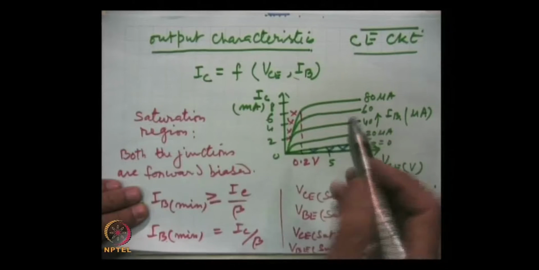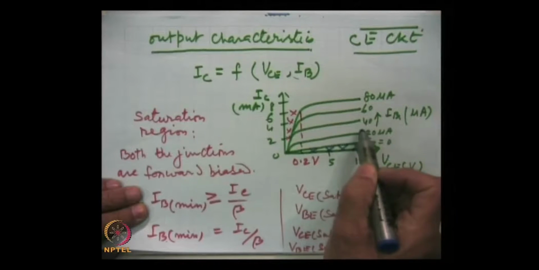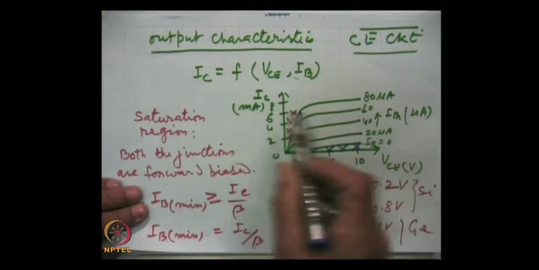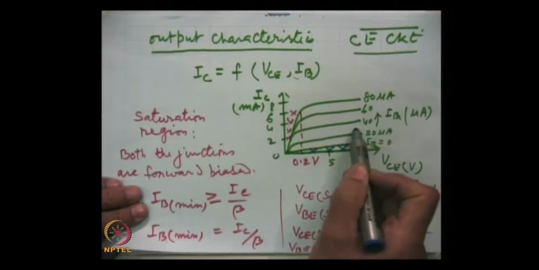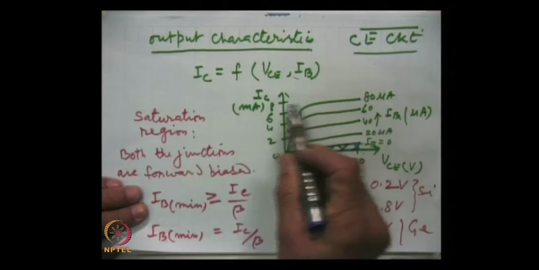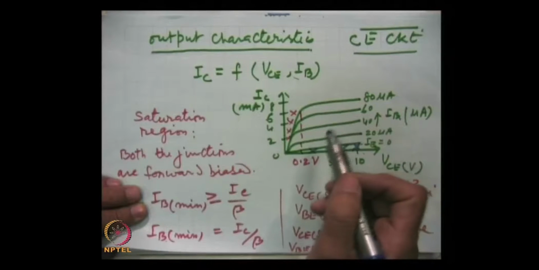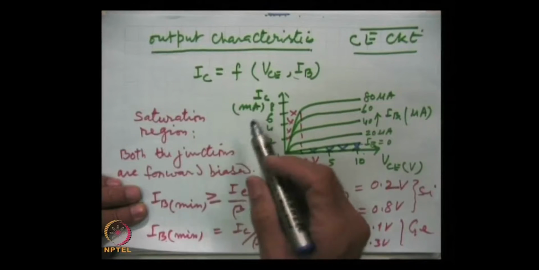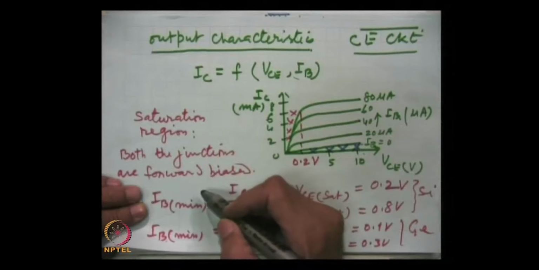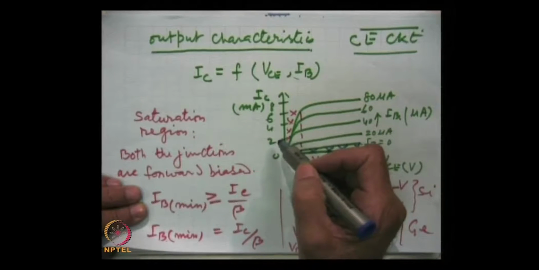Now, here we will notice that as we increase the input current, the output current is changing. For larger values of input current, the corresponding output current is high. This is what is expected in an amplifying circuit, that the output current should vary proportionally to the input current, and only the magnitude should change.